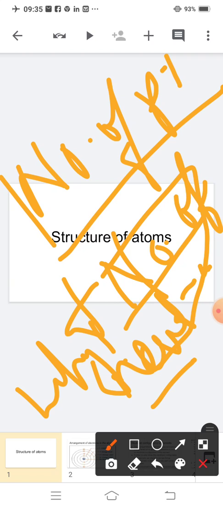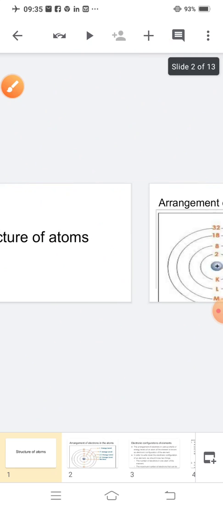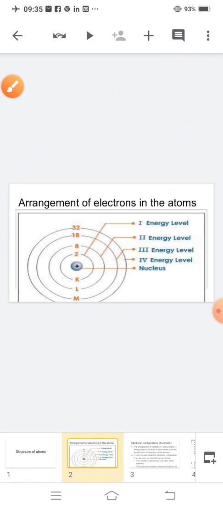So instead of writing number of proton, you can write here atomic number. Is this clear? So with this expression, you can show the relationship between the atomic number and the mass number. Clear?